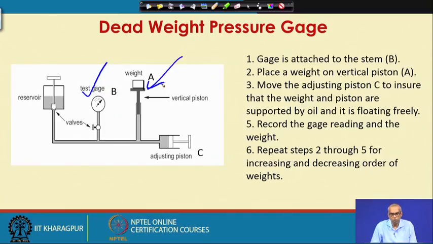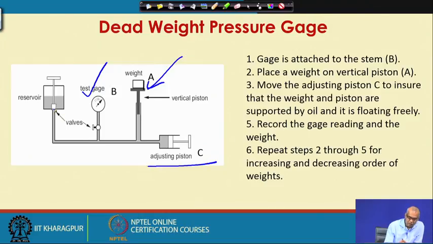So, you select a suitable weight and place it on the vertical piston A. Move the adjusting piston C so that weight and piston are supported by oil and it is floating freely. So, the piston must be floating freely.